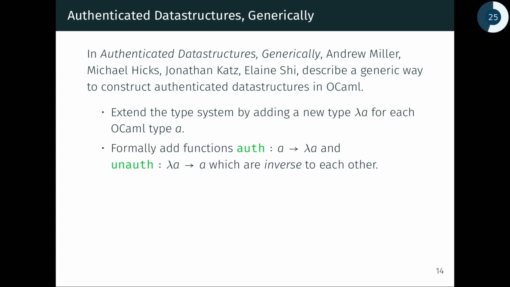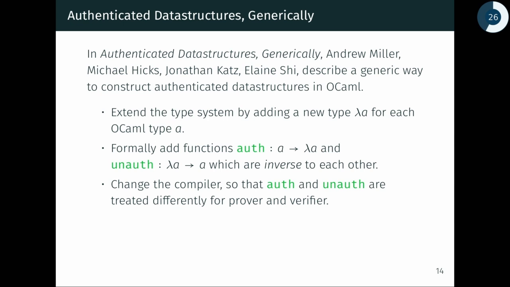And once they have that, they also formally add to the type system functions for each type from A to lambda A and from lambda A to A, that they call auth and unauth, for authenticate and unauthenticate, which are inverses to each other. So it's more or less identity.